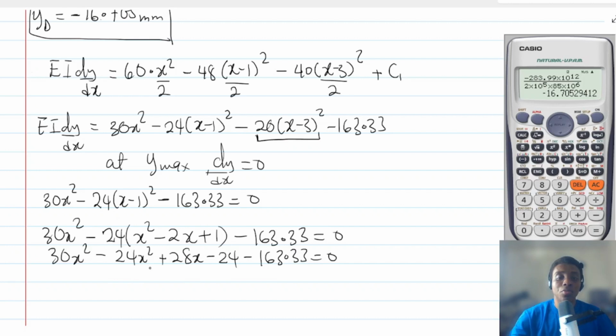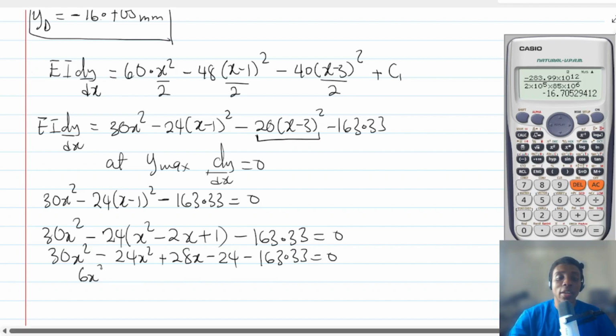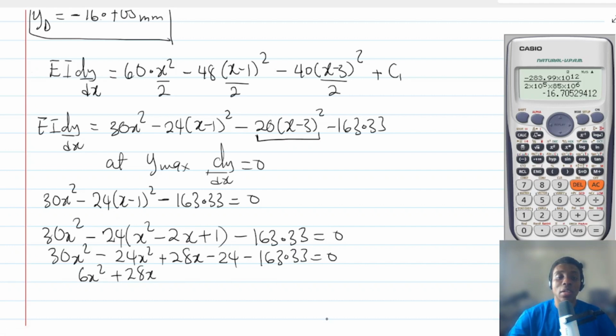All right, so 6x squared plus 48x, and then minus 24, and then minus 163.33. And what is that? That is going to be minus 187.33, equal to 0. So please let's solve this quadratic equation quickly.